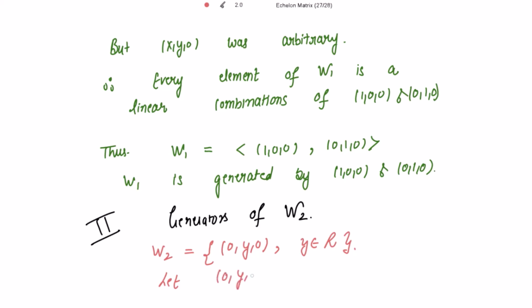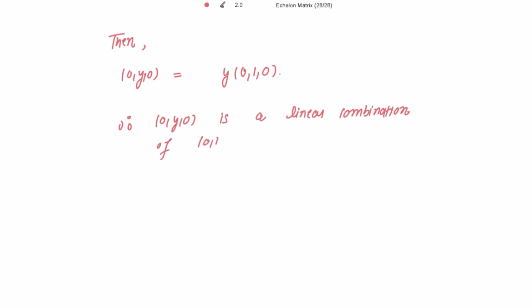So let (0, y, 0) belong to W2. Then this element can be written as y times (0, 1, 0). That means this element is a linear combination of the vector (0, 1, 0).